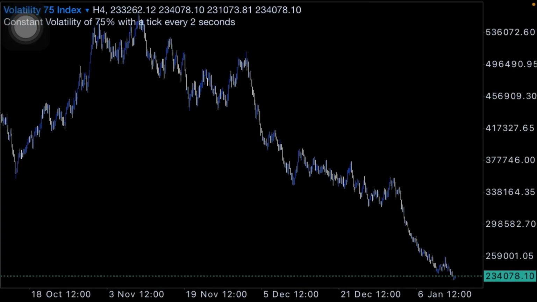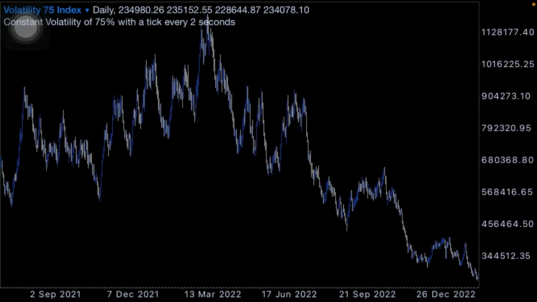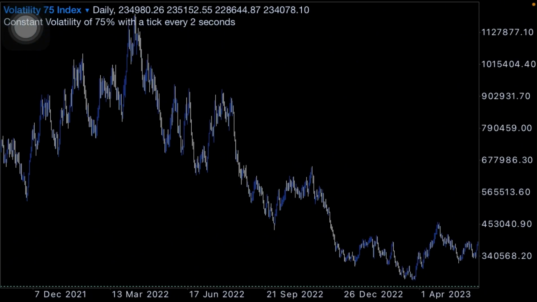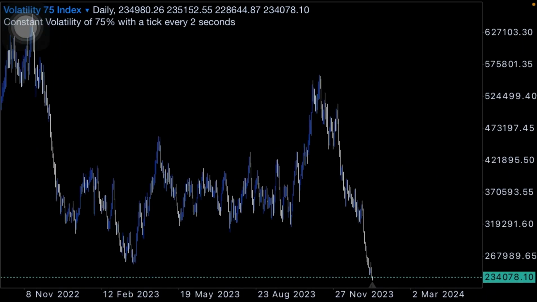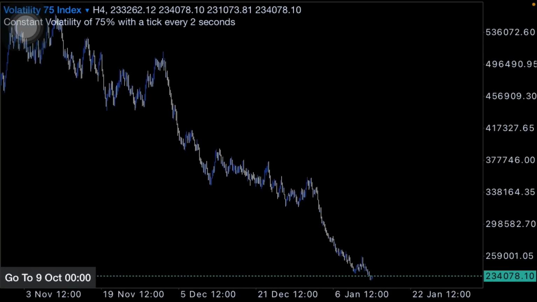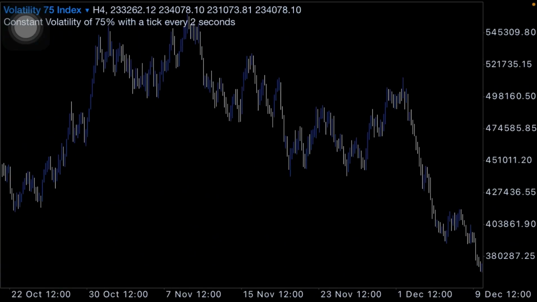Let me go to the daily time frame to see how the trend is. You see, coming from the far side, we are moving in a downtrend. So having it like this, I do my analysis on the 4-hour time frame.